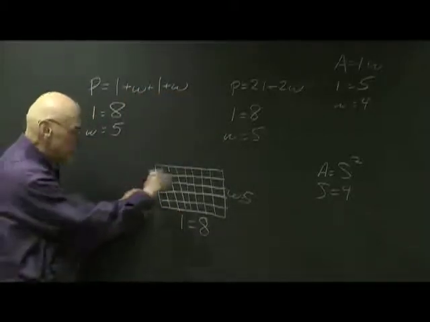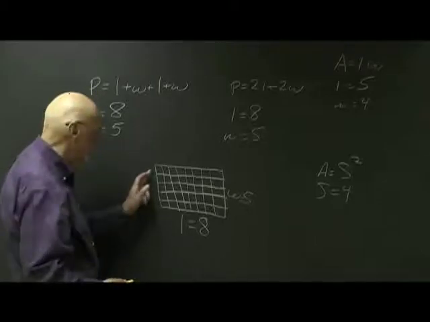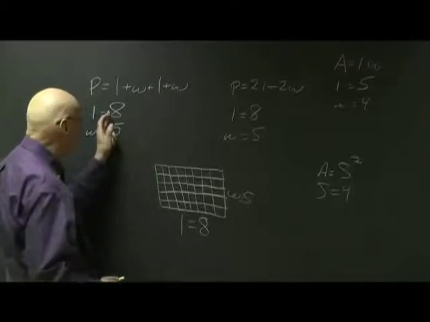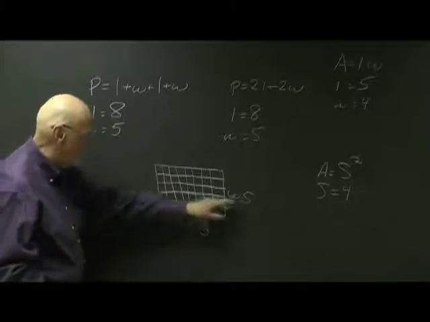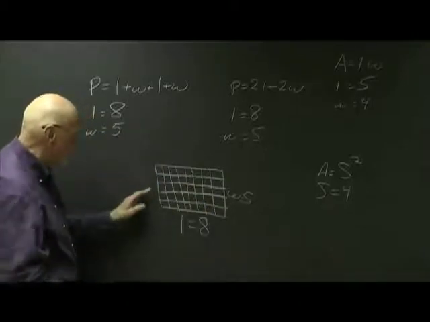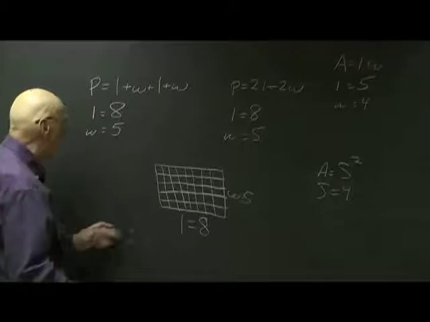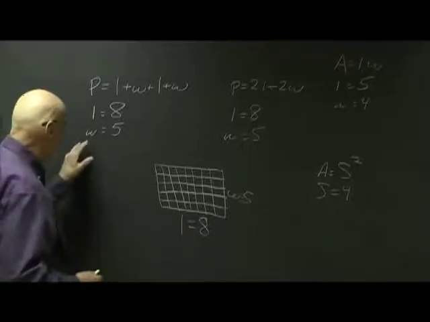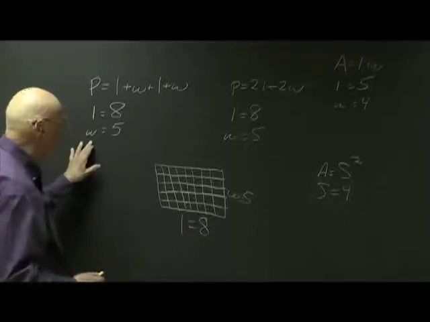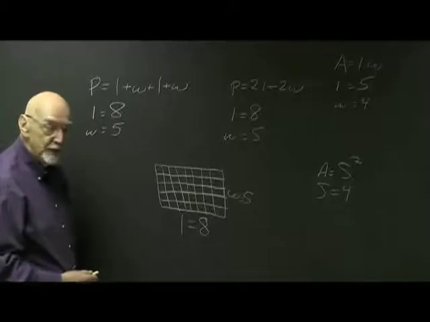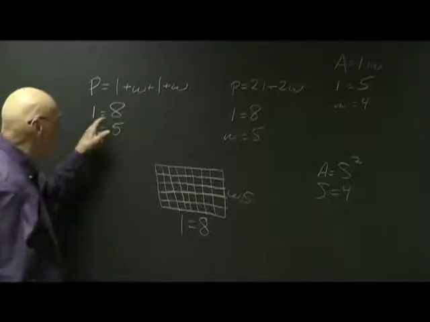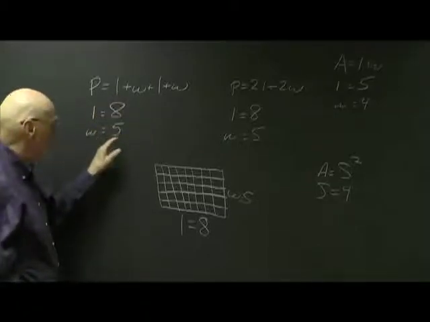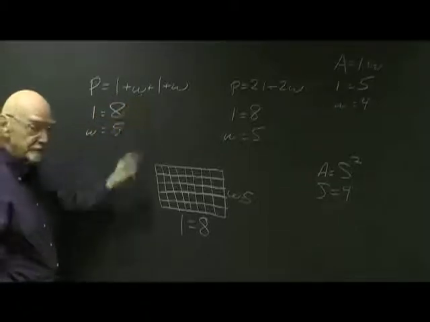Perimeter means the distance around. So the formula is perimeter equals length plus width plus length plus width. That's the distance around. So at this point, what we need to do is rewrite that formula, substituting these numbers for those letters.